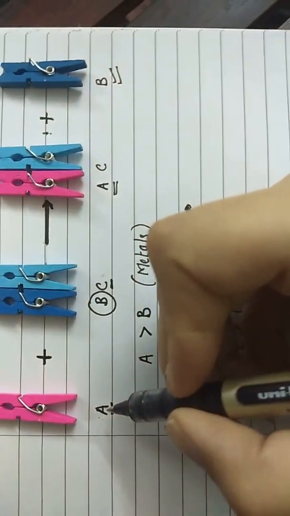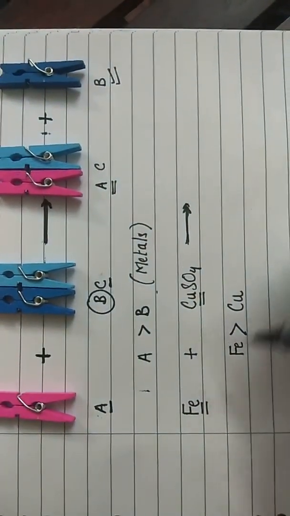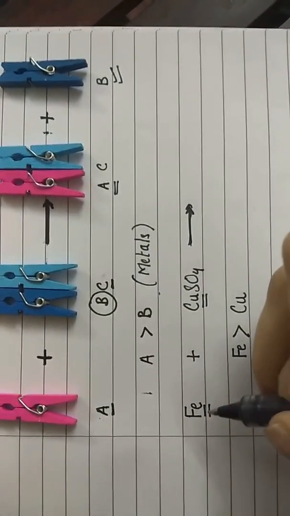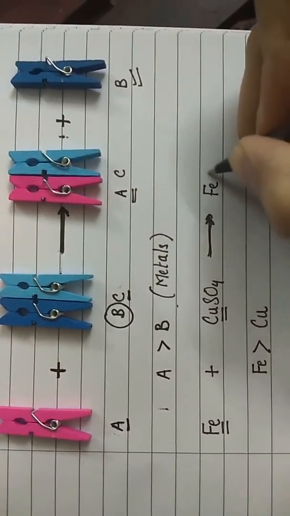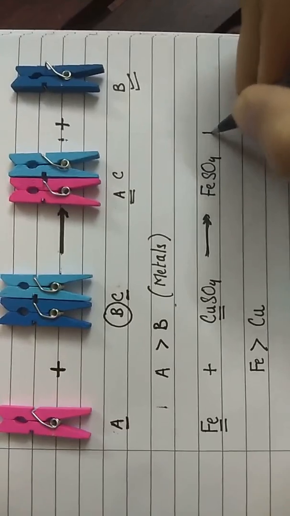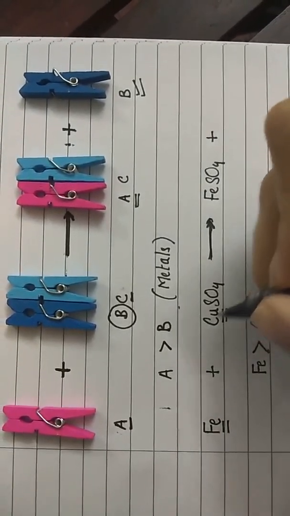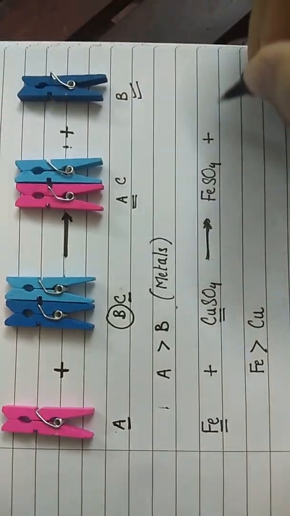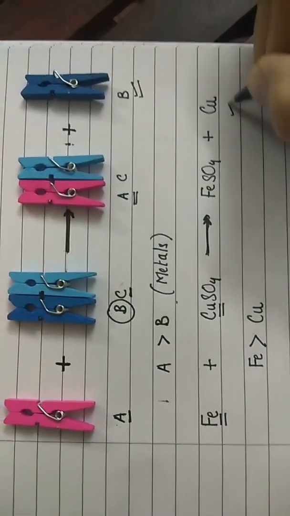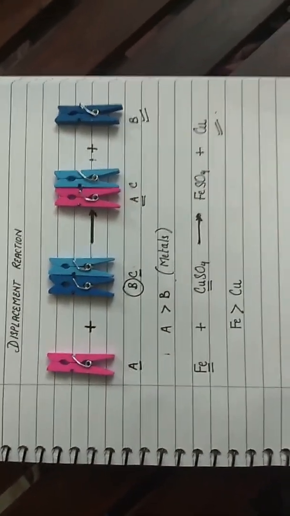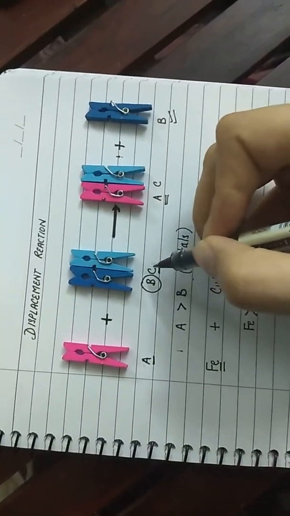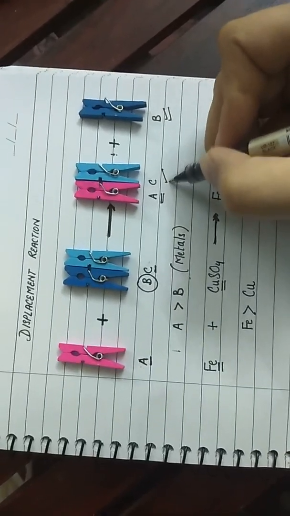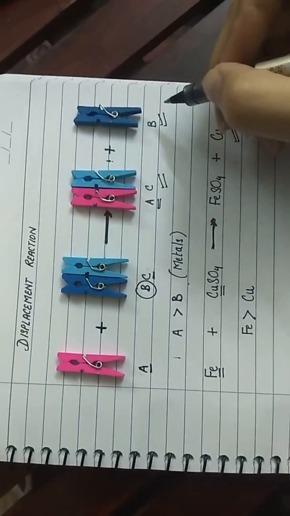Just like in the above reaction, A was more reactive than B. If iron is more reactive than copper, iron is going to take the place of copper, thus forming FeSO4, while the less reactive metal is displaced. So this is what a displacement reaction is. A more reactive metal displaces a less reactive metal from its salt solution, thus producing a new salt and displacing the less reactive metal.